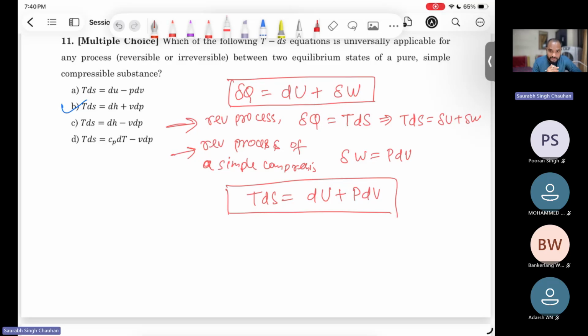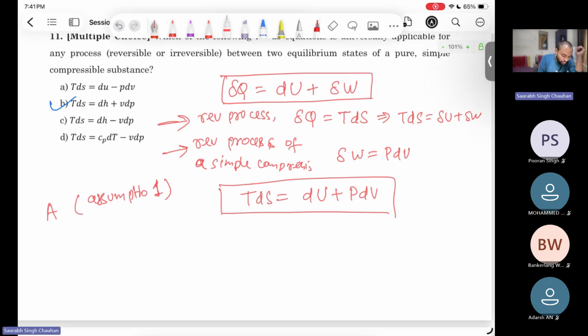What usually happens is that if you have some equation A, with assumption 1, you do some modifications assuming something else as well. You add one more assumption and you get equation B. Then in equation B, both of these assumptions have to be true.